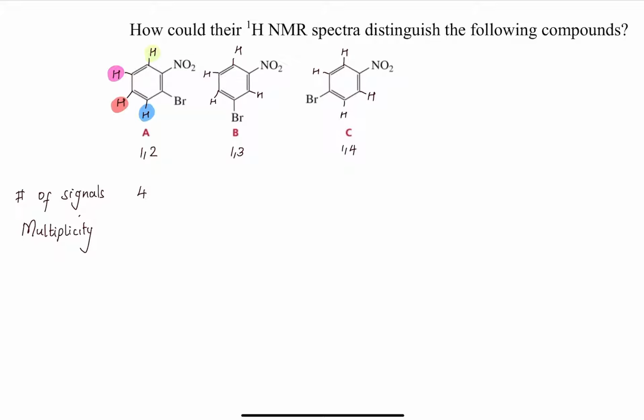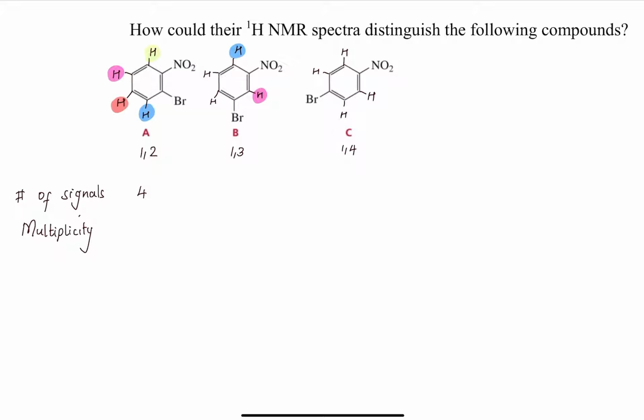Okay, now let's do the same thing for the next compound. There is a unique hydrogen right here because it's in between the nitro group and the bromo group. So that is going to be one type of proton. And then this hydrogen is in the ortho position with respect to the nitro group, so that is going to be another type of proton.